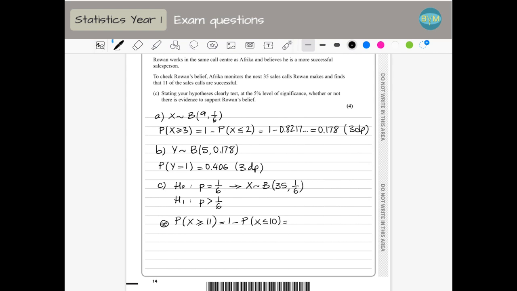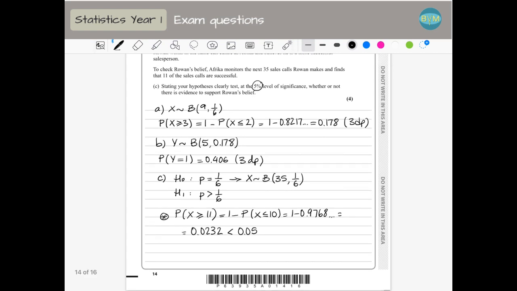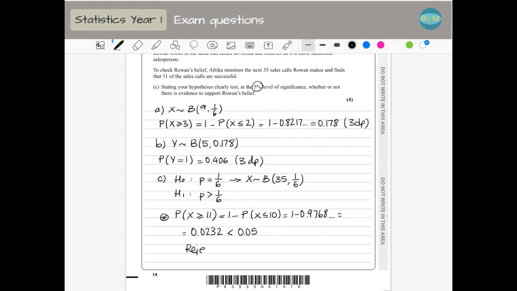I can do this again with the calculator, and I have 1 minus 0.9768 something. This is 0.0232, which is smaller than the significance level, which is 0.05. If it's smaller, what I'm going to do is reject H0. And when I reject H0, remember, I'm going to accept H1.